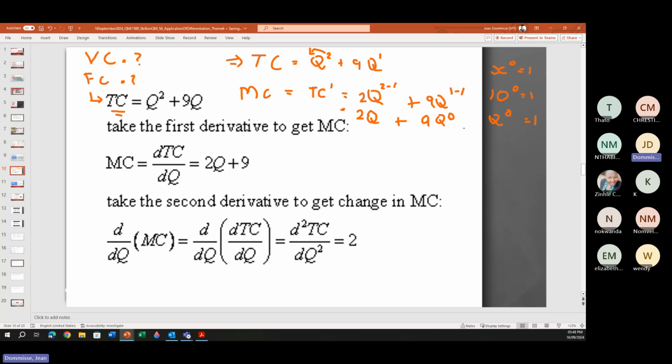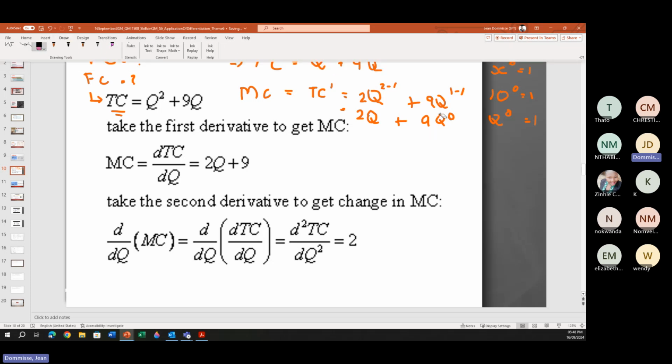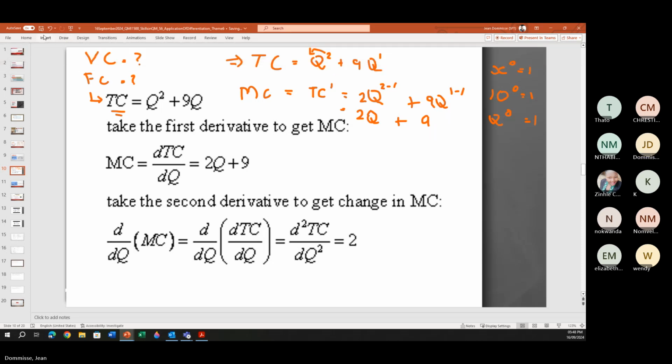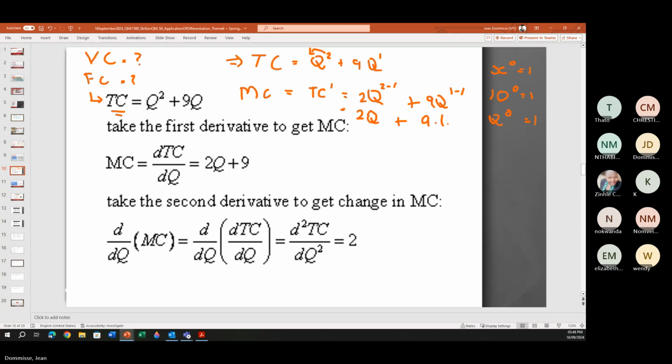So instead of q to the power of 0, we could have said that is actually times 1. So 9 times 1 gives you 9, and 2 times q to the power of 1 gives you the 2q. That is how we would have worked out the marginal cost.